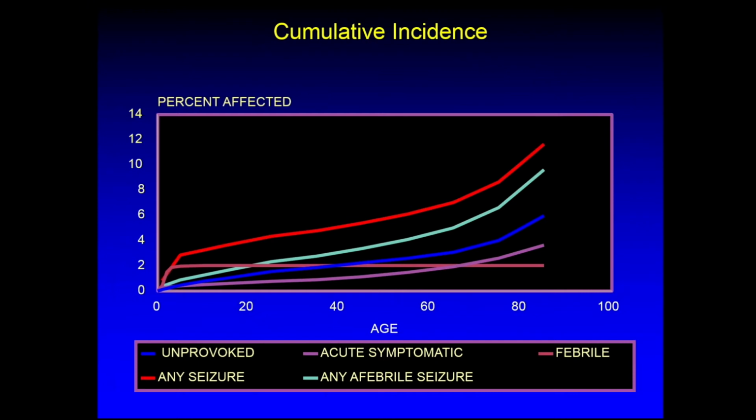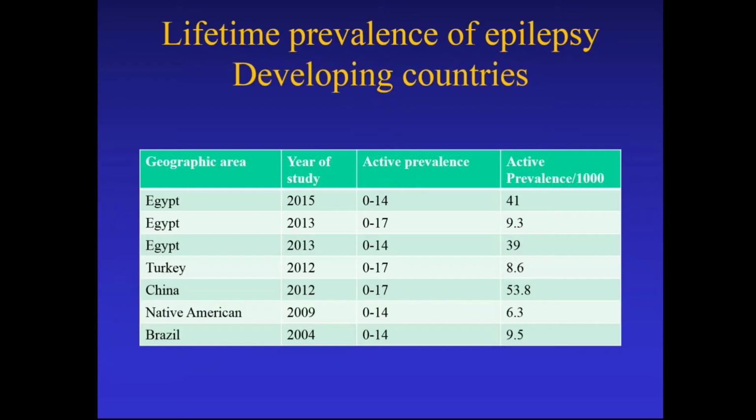On the other hand, I'm not sure you want to compare a group of people with unprovoked seizures and a group of people with febrile seizures, because their age of occurrence is quite different, as is the cause and the overall prognosis.